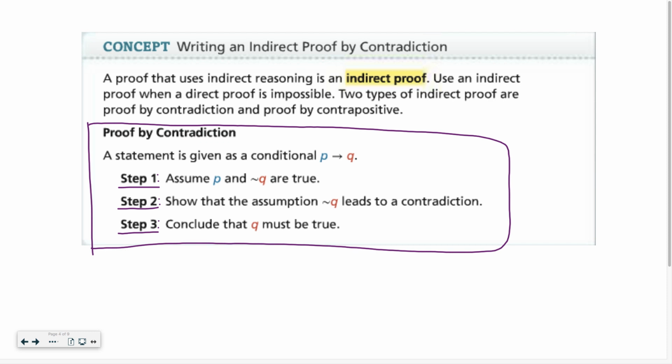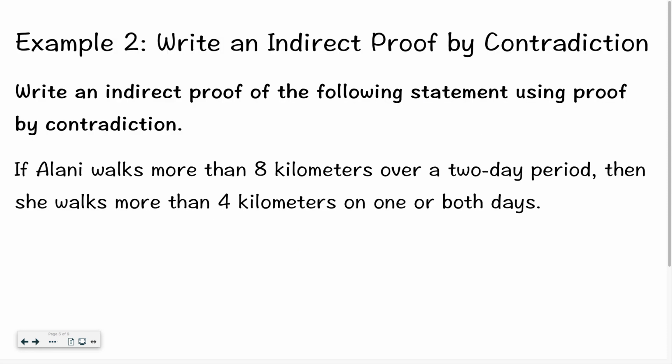Step 2 is that you show that assuming the negation of Q ends up causing a contradiction or leading to something that isn't true. Sometimes it's calculations, sometimes it's definitions, so it's just words. It depends on the situation. Step 3, you conclude that statement Q must be true. Okay, so let's talk through what this might look like.